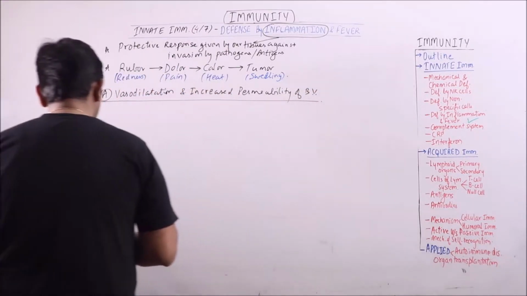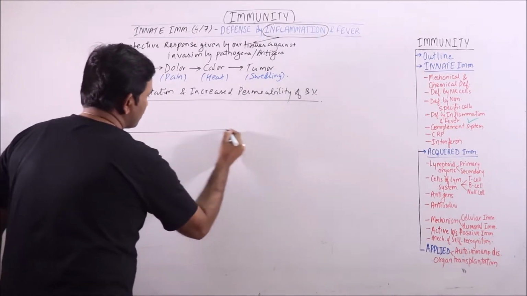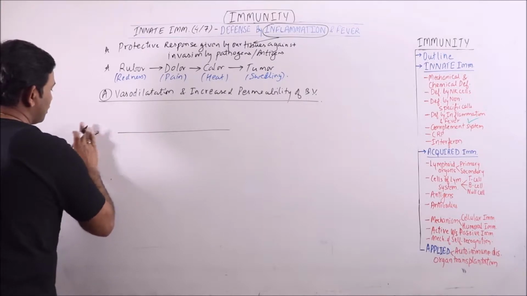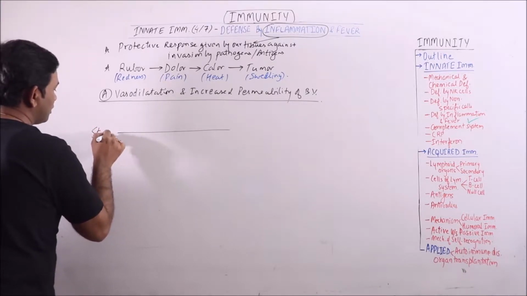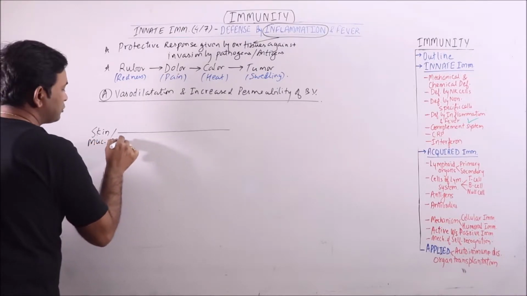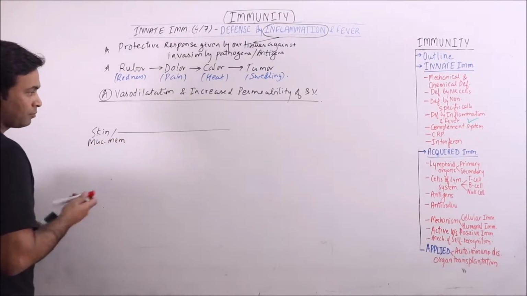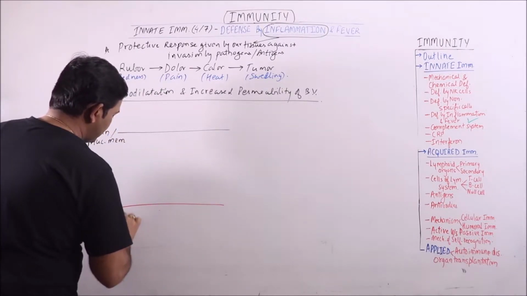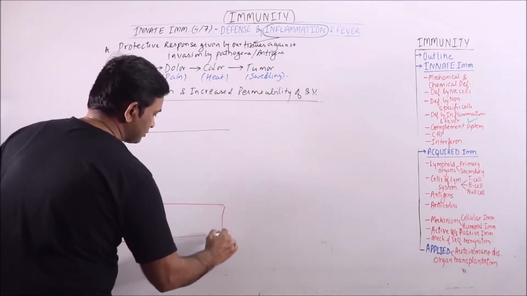Now, how does this work? This is skin or mucous membrane, and this is a blood vessel.